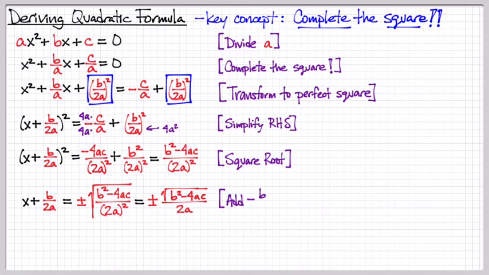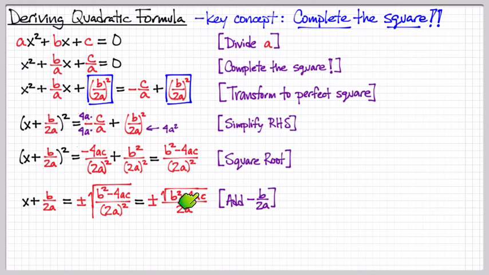And you notice when I do that, I took the square root, and upon doing that, immediately I get a plus or minus. Plus or minus the square root of this entire piece. Now, the bottom is already a perfect square, so I could deal with that by just saying the square root of 2a quantity squared is just 2a. And I can't do anything with the top, the numerator.